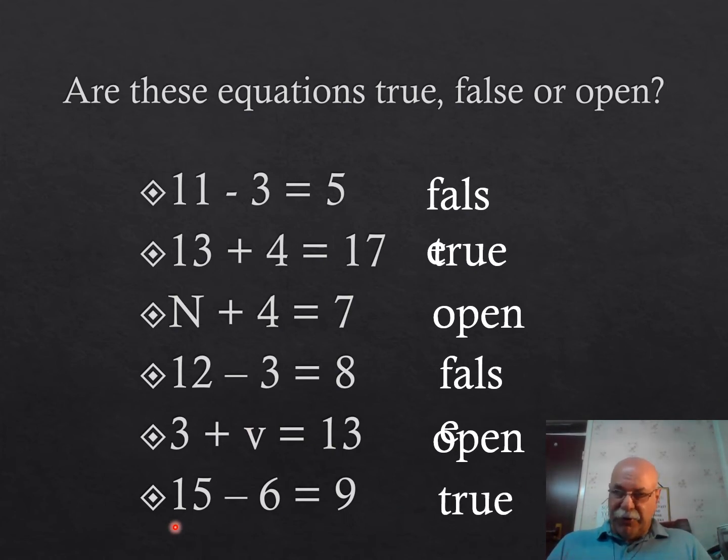And this one is truth, because 15 minus 6 equals 9, and 9 plus 6 equals 15. That's why it is a truth equation. Now please stop the clip and try to work out the meaning.